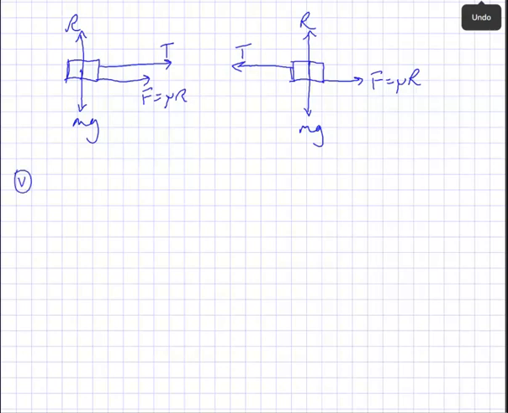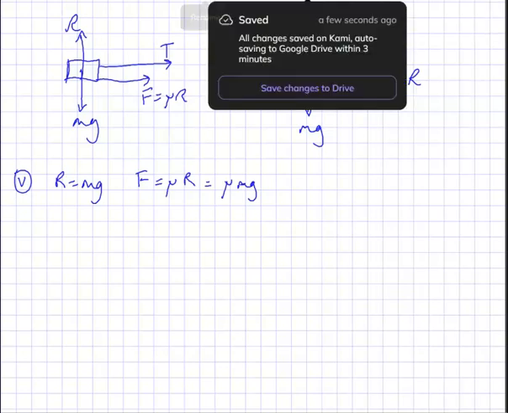The normal reaction will equal mg for both of them, and we therefore know that the friction, which is mu times R, we don't know what mu is, but we can at least say that it is mu multiplied by mg. So that's for both of the objects.